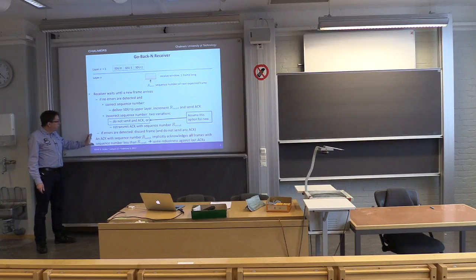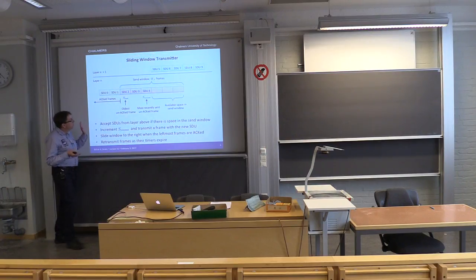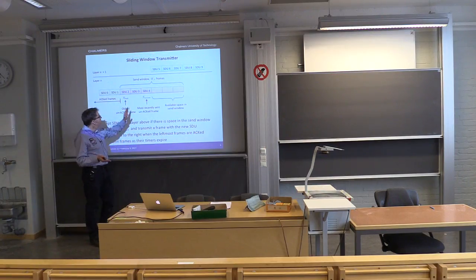As we will see later on, and this is a point I will return to, when we send an acknowledgement with a sequence number R next, that implicitly acknowledges all frames which have a sequence number less than R next. This will be more important in selective repeat later on. But if I'm a transmitter and I get an acknowledgement requesting frame number 3, then I know that frame number 2 has been successfully received, right?